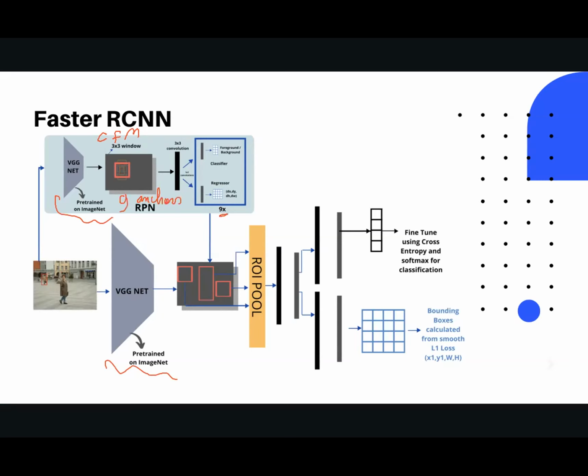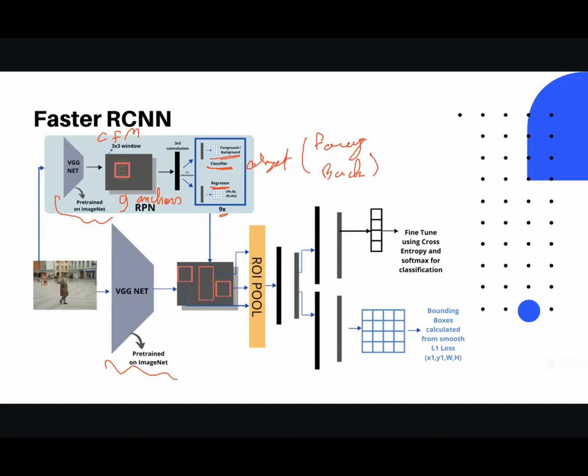Each one of these anchors would contain a classifier and a regressor. The classifier is only an object classifier that separates things into foreground and background. It does not separate things into cat, dog, horse, human, stuff like that, but only background and foreground. So this is the task for the classifier.